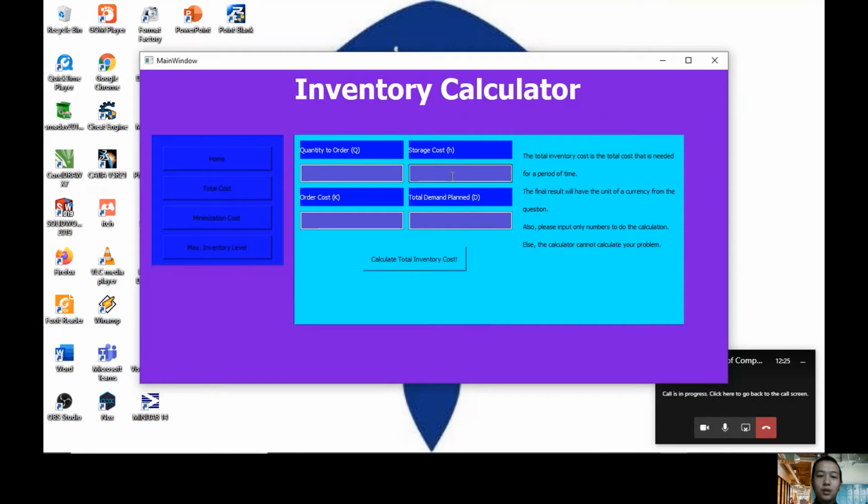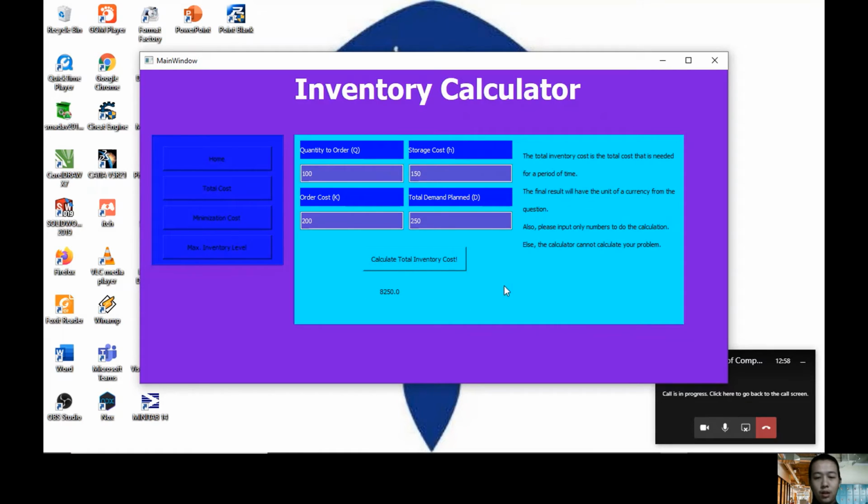For the total cost, there are four constraints, and they are already written on the box: quantity to order, storage cost, order cost, and total demand plan. So if I input all of the constraints and click calculate total inventory cost, the result will be here.